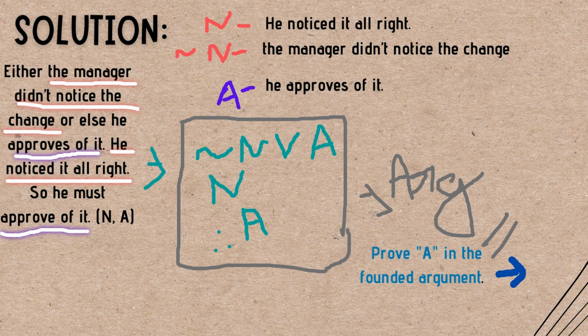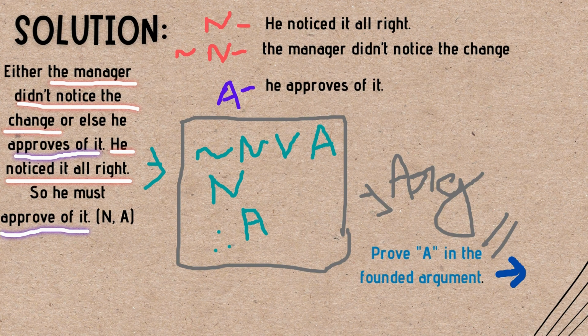In brackets they even gave the variables we will use, only two: n and a. For negative statements, we use negation before the variable. So we have formed the argument: negation n disjunction a, the second premise is n, and the conclusion is a. This part is completed.